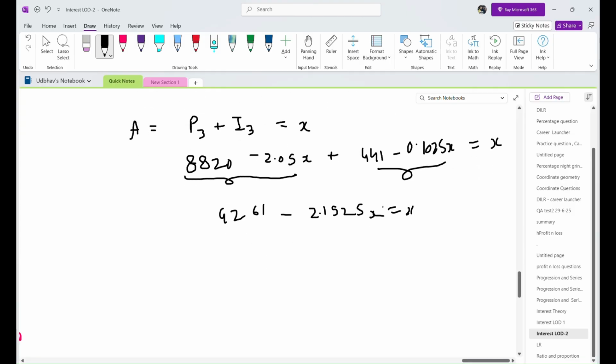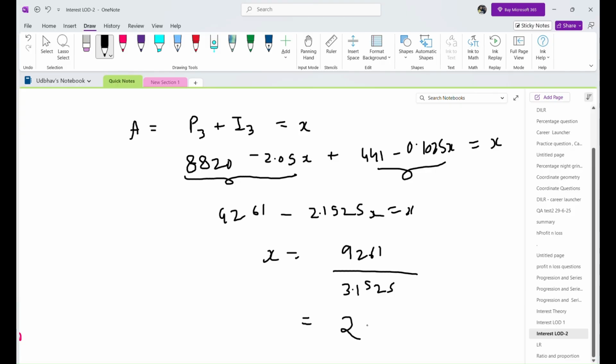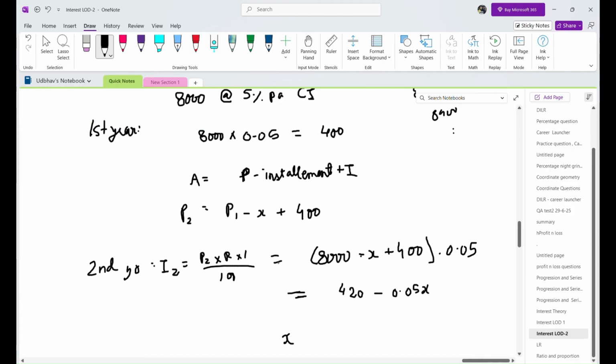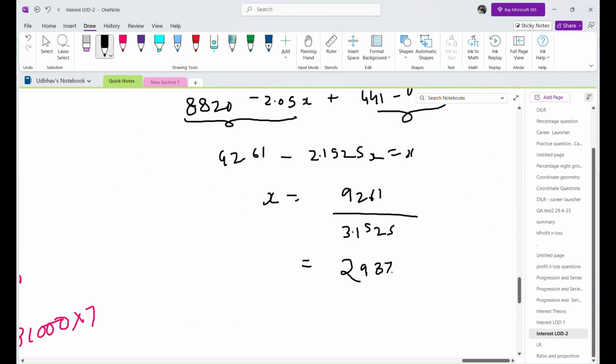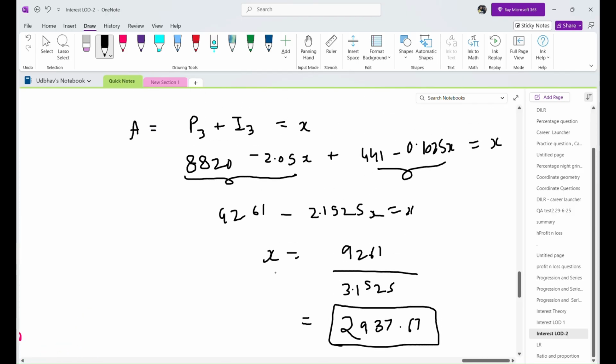It will go to the other side, and then x will be 9,261 divided by 3.1525. So 9,261 divided by 3.1525 comes out to be, exactly, 2,937.67 rupees. So what was our x? X was our annual installment. So our annual installment comes out to be this.